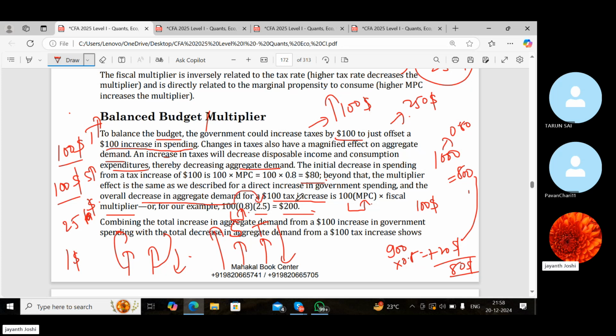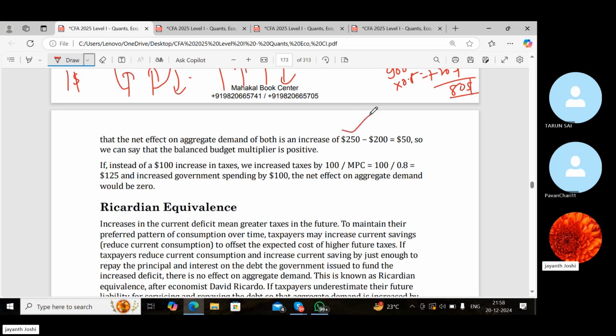So what we are seeing here, $200. Our economy is going to grow by this much, and here the spending is going to be this much. So net effect is getting created by $50.